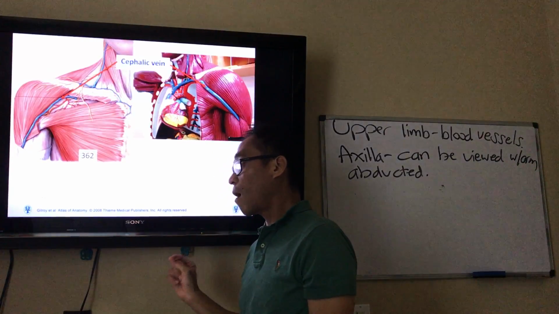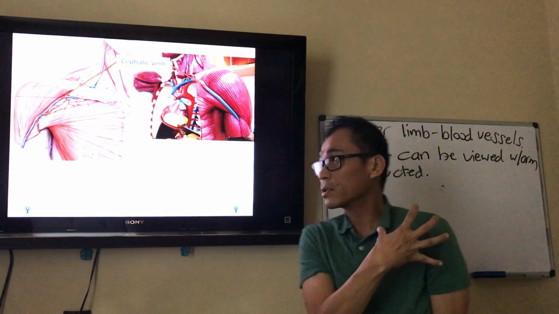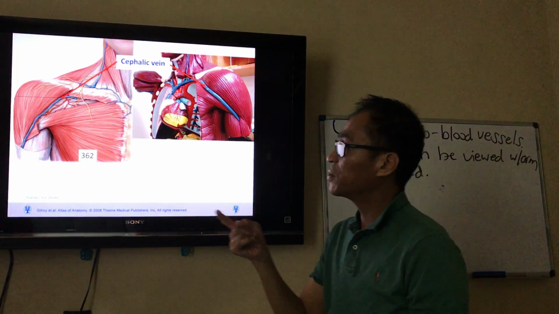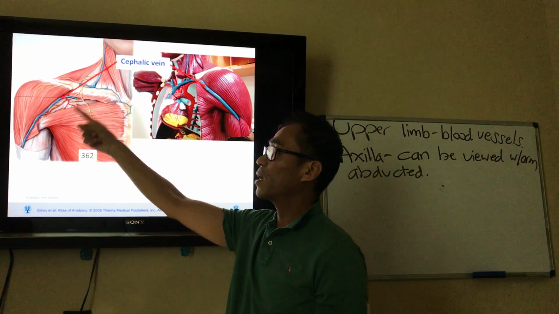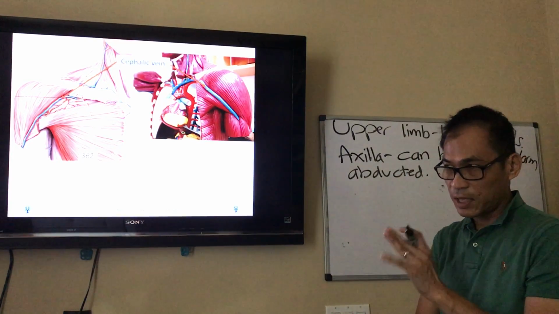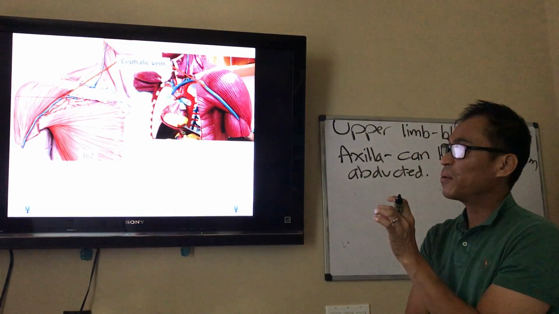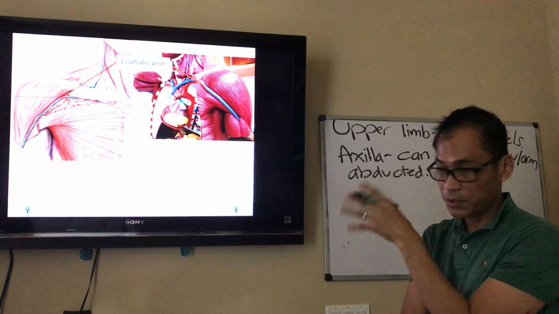If you adduct the arm and put arms together, you have the shoulder region. And there's a blood vessel running in this region I want you to know. It's the cephalic vein, shown here in the model. It's very superficial, just skin deep, right under the subcutaneous tissue. The cephalic vein runs in the deltopectoral groove. That's what I want you to know from this picture.